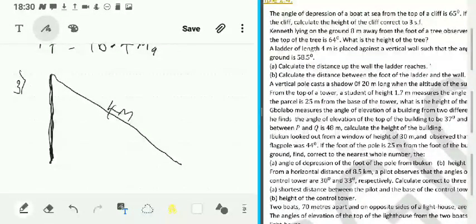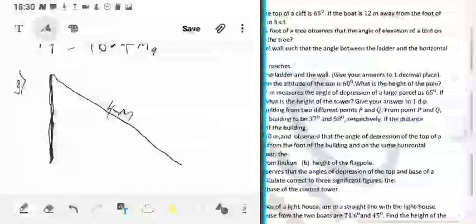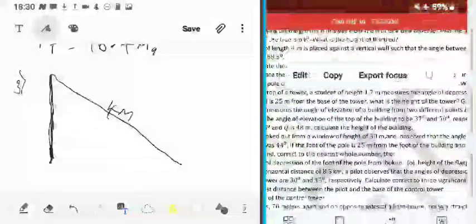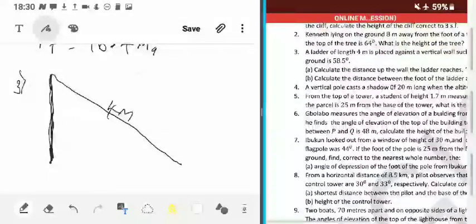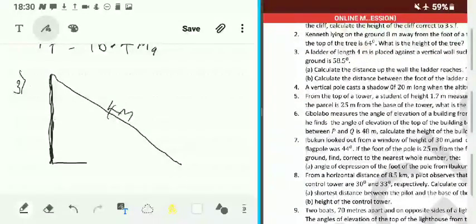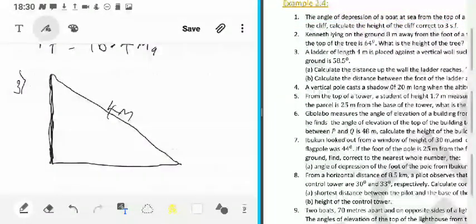So what are we to do? Such that the angle between the ladder and the horizontal ground is 58.5 degrees. This is the ladder, and this is the horizontal ground.